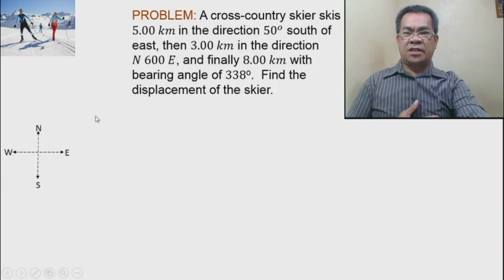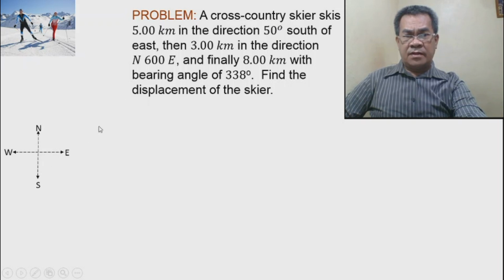When you start with your solution, first you have to construct the travel of this activity. 50 degrees south of east means this is 50 degrees toward the southern part of east. This is east. Take note, in east we have the southern part, and from here the northern part.